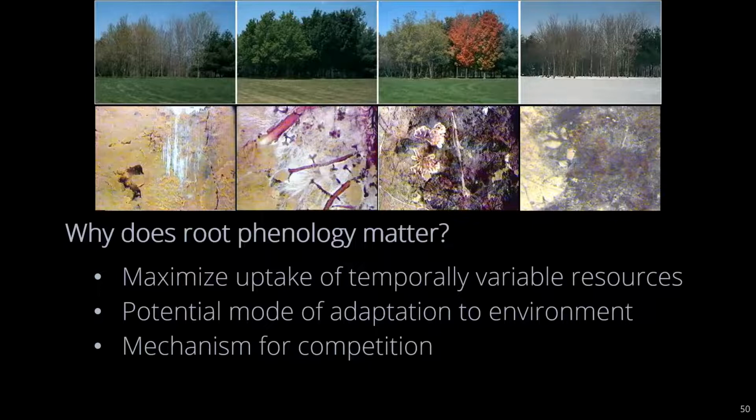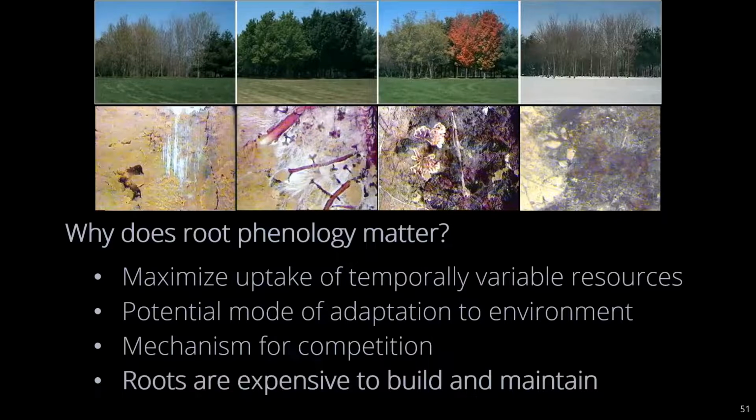The species that do this well potentially gives them a mode of adaptation to their environment, both as species move into different new environments, but also as environments become different and new for the species that are already there. And then ultimately, the ones that do this well gives them a way to compete with their neighbors. So if you are better able to tie into the changing patterns of resources in your system, you are going to have a competitive advantage over your neighbors.